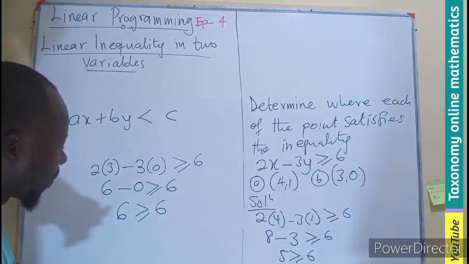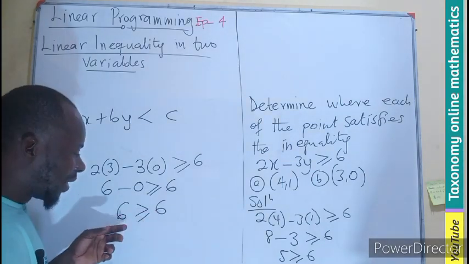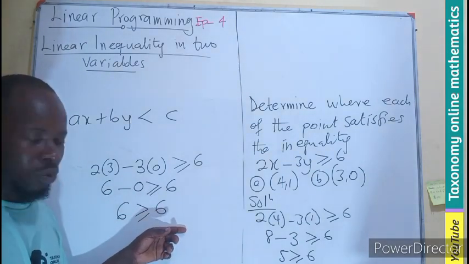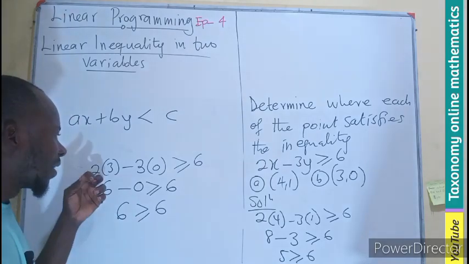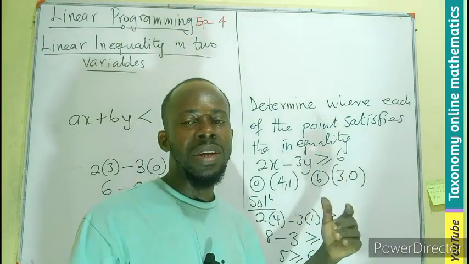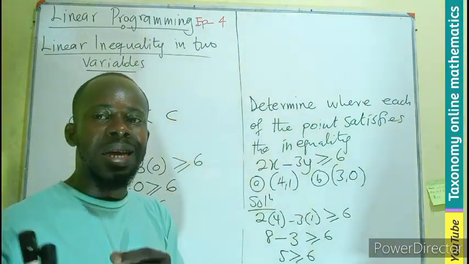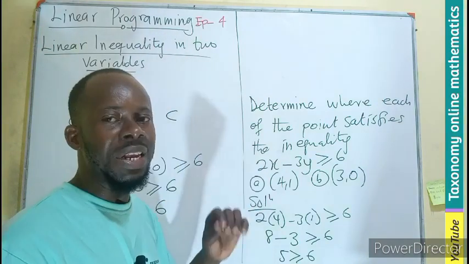So we can see that 6 is not greater than 6, but 6 is equal to 6. So in this case, the solution set can be 3 and 0. This is to say that this point can be the solution set of this inequality.